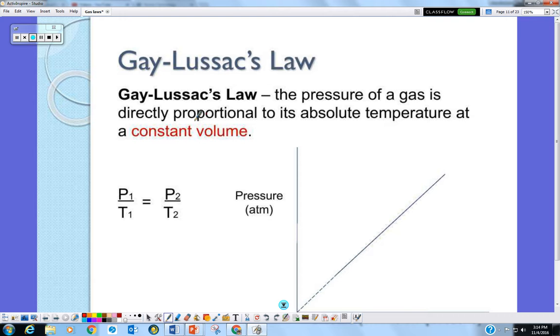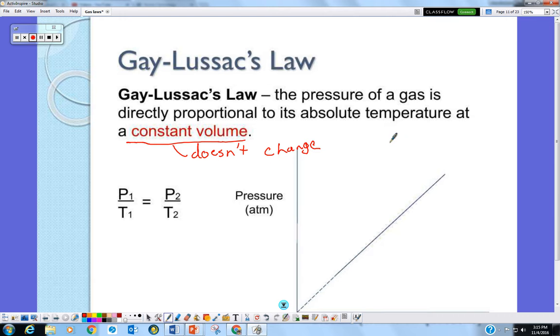Gay-Lussac's law holds volume constant, so remember, volume doesn't change. Now we look at a relationship between pressure and temperature.